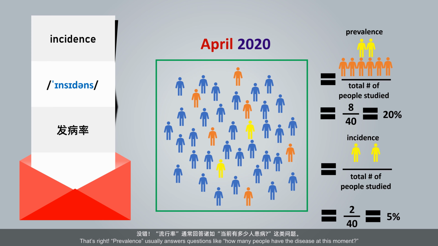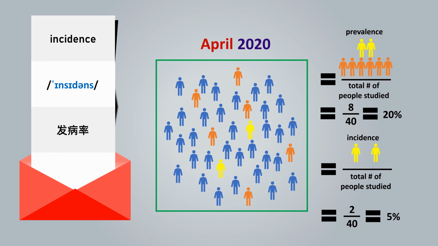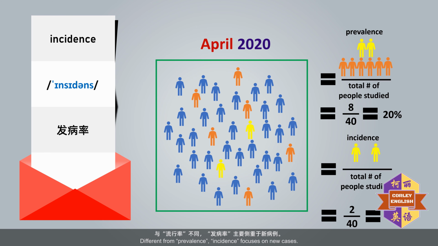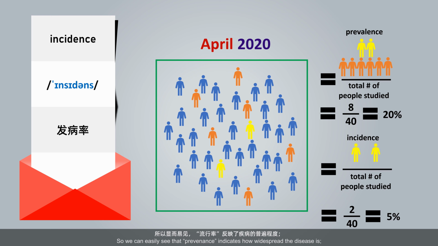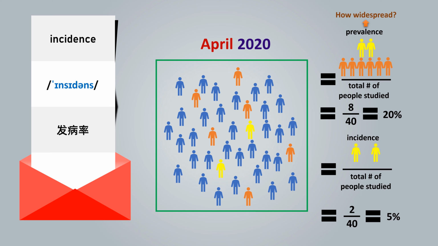Prevalence usually answers questions like how many people have the disease at this moment, or in this case, how many people in the community had COVID-19 during April of 2020. 与流行率不同，发病率主要侧重于新病例。具体到这个例子呢，也就是回答在2020年4月份该社区一共有多少新的感染者。 So we can easily see that prevalence indicates how widespread the disease is, while incidence conveys information about the risk of contracting the disease.